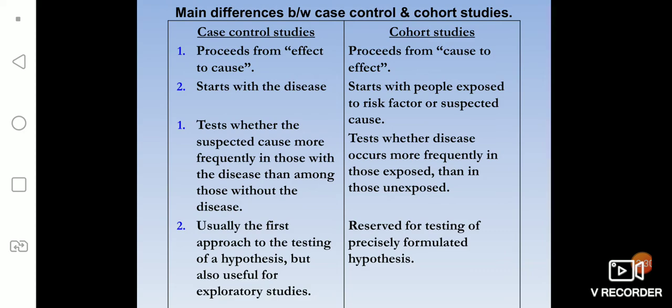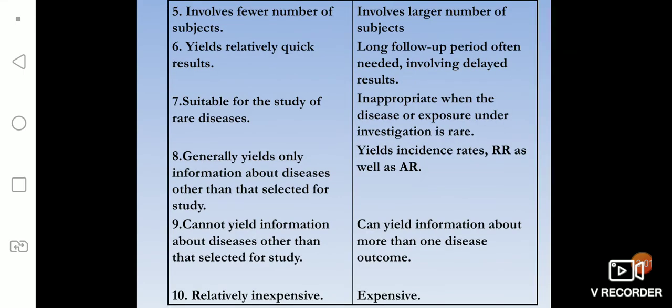In case control studies, we test whether the suspected cause is more frequently happening in those with the disease than in those without the disease. Whereas in cohort studies, we see whether the disease occurs more frequently in those exposed than in those not exposed. Case control is usually the first approach to testing a hypothesis, but is also useful for exploratory studies, whereas cohort studies are reserved mainly to test the hypothesis.